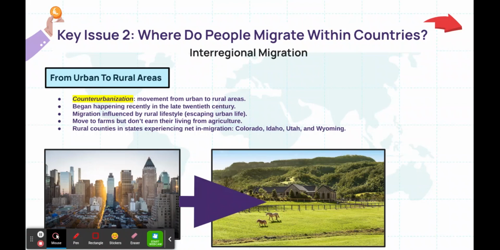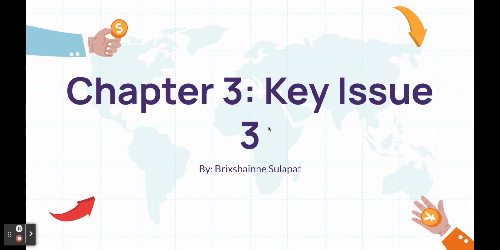They actually work in nearby offices, small towns, and shops or other services. Some rural counties in states such as Colorado, Idaho, Utah, and Wyoming have also experienced a lot of net in migration in recent years.